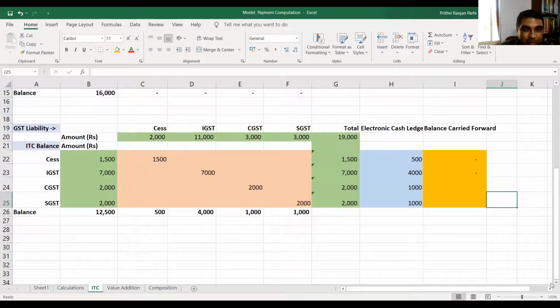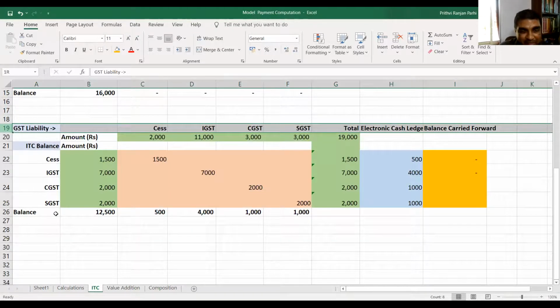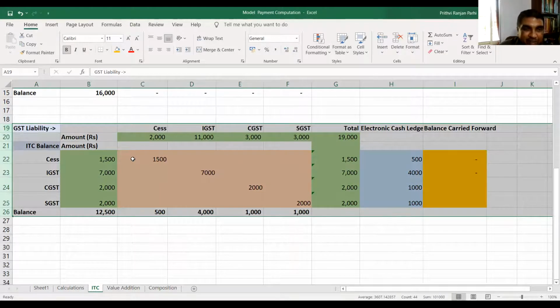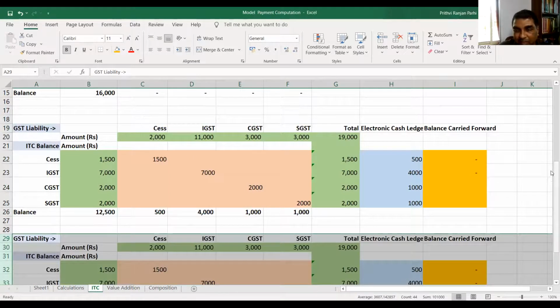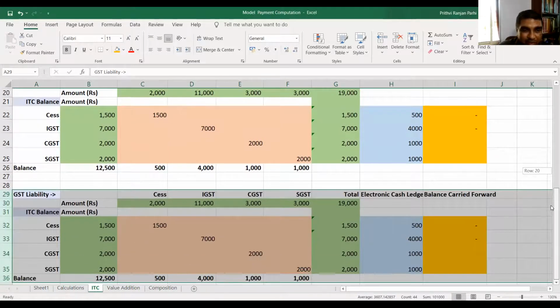One more part we'll do. Okay. Same thing. I'm copying it here. Let me paste it here. Okay. This time, what has happened?